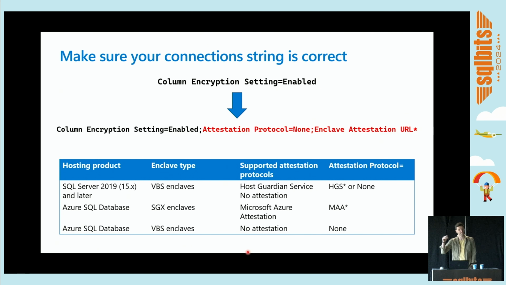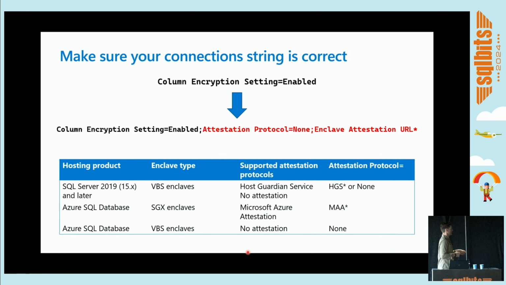For SQL Server 2019 and 2022, we only support VBS enclaves, not Intel SGX enclaves. There you can choose between host guardian service attestation or no attestation. It all depends. The attestation protocol needs to be HGS or none, depending on the attestation that you're choosing.